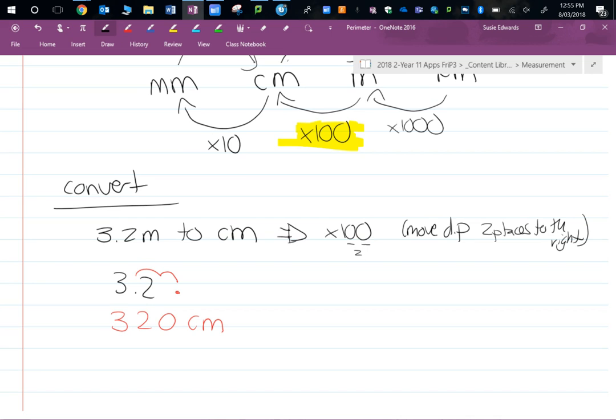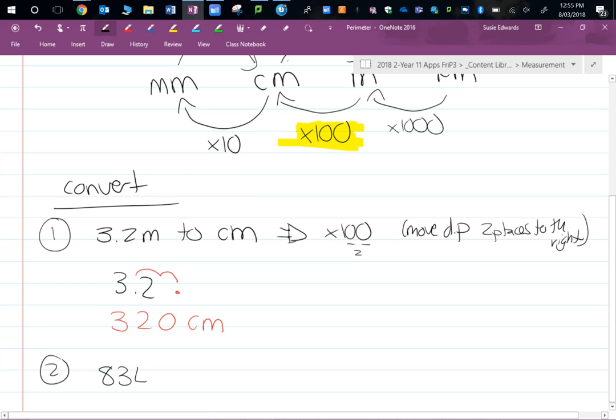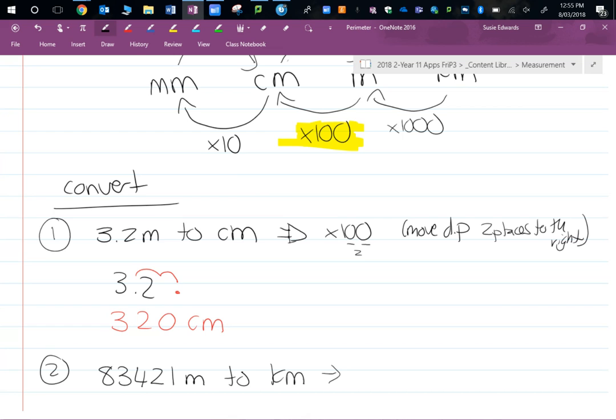So let's try this one. 83,421 metres, to kilometres.